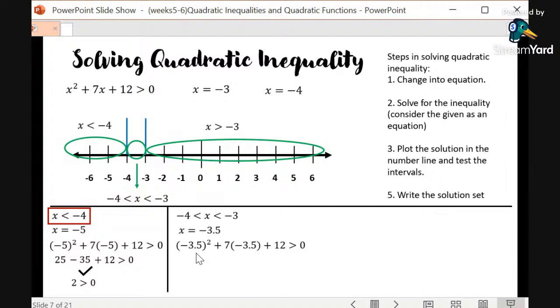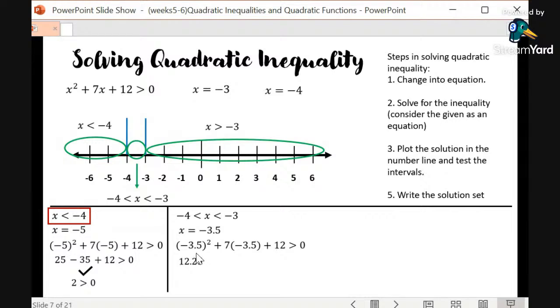O hindi pwedeng 7 pinag-add. Paano ba nakukuha yung -3.5 squared? Multiply by itself, 'di ba? O you try in the calculator, -3.5 times -3.5. So ang answer po dyan ay 12.25. Again, positive po dapat. Okay?